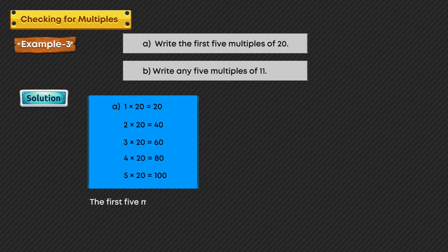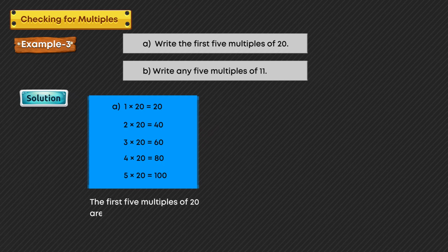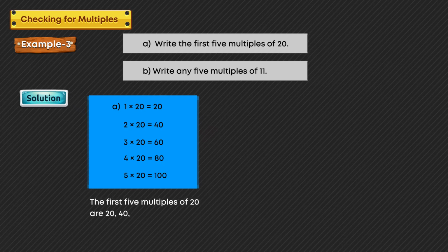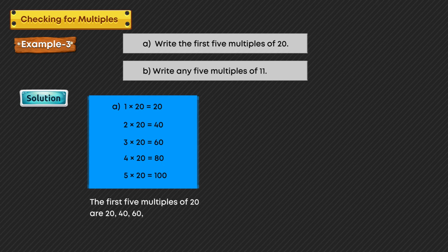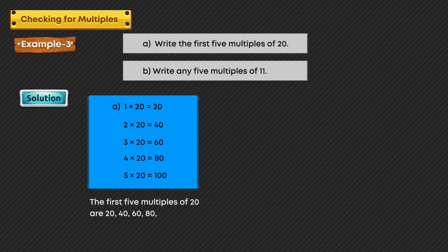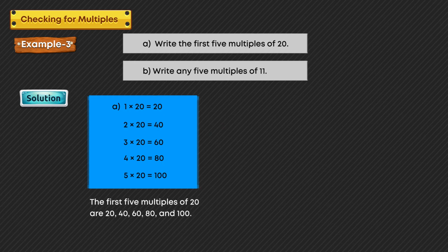The first 5 multiples of 20 are 20, 40, 60, 80, and 100.